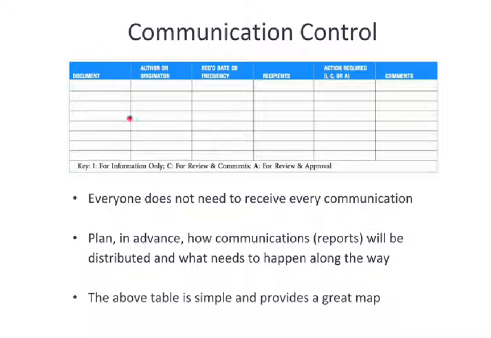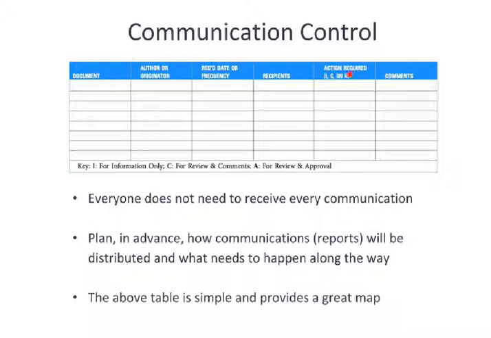So what document is being discussed? Who is creating the document? How frequently is this required? So like progress reports, are these going to be required weekly, monthly, you name it? Who will receive copies of this document? Who needs to receive copies of this document? Are there any actions required?